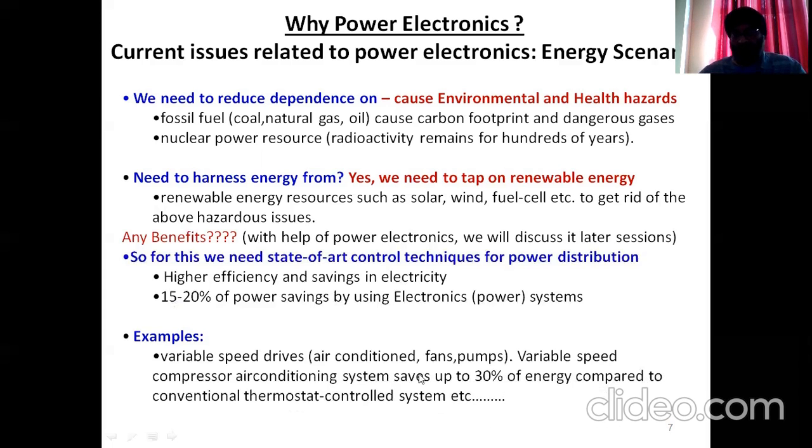These are examples which we'll cover in the later part of this topic. That's why we want to go for power electronics.